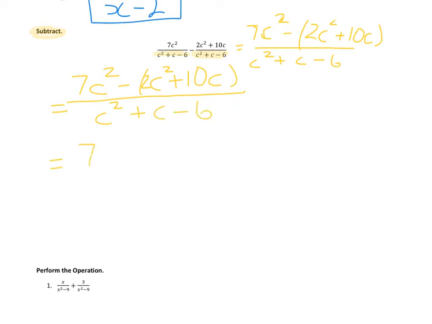Okay, so this is really 7c squared minus 2c squared minus a positive 10c over this. Okay, so we perform the operation to the numerator, and now let's simplify the top by combining like terms.